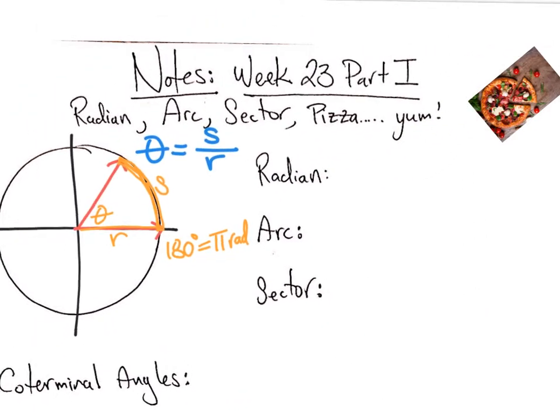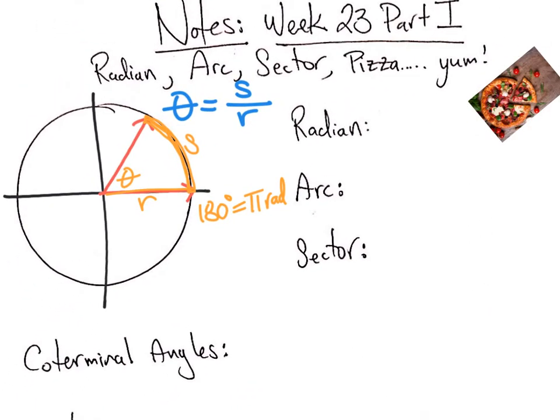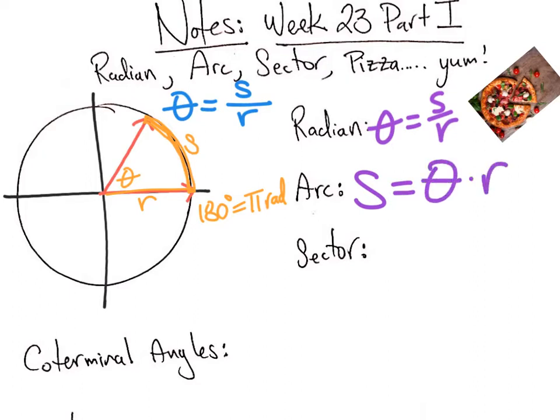Okay, because we already know. So for radians, we say that, well, this is what we know, sort of by definition, s over r, so arc over radius. And then to find the arc length, if we were to just rearrange this formula and get s all by itself, we would have the arc equals the angle times the radius.